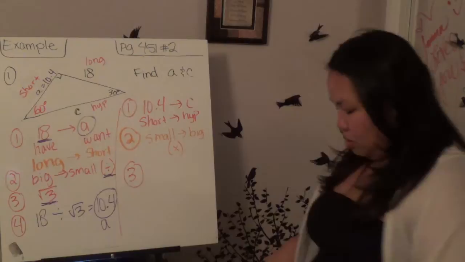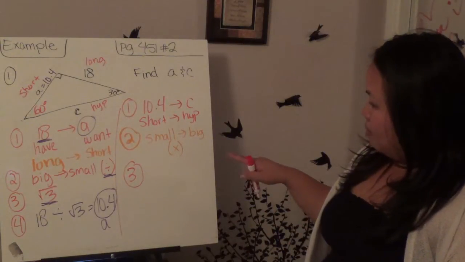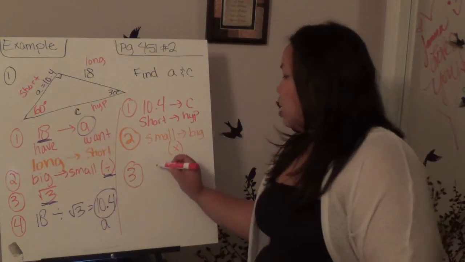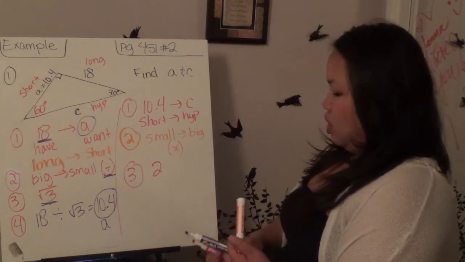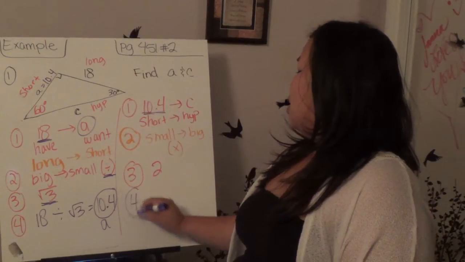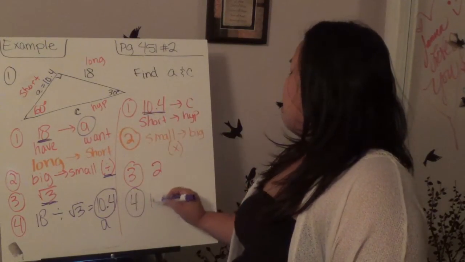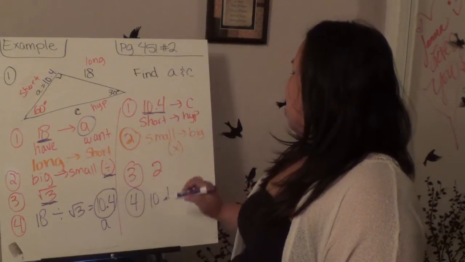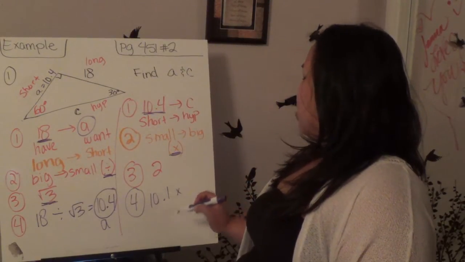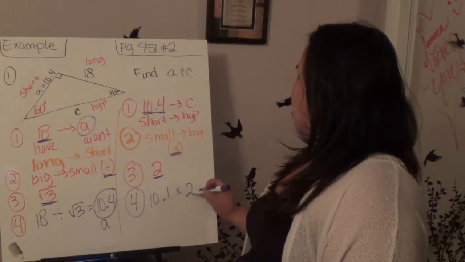So I'm going to go back to my notes, and it says I'm going from short to hypotenuse, and the number between short and hypotenuse is 2. So to wrap it up, just like I did here, I'm going to take this first number, 10.4, and multiply by this number.